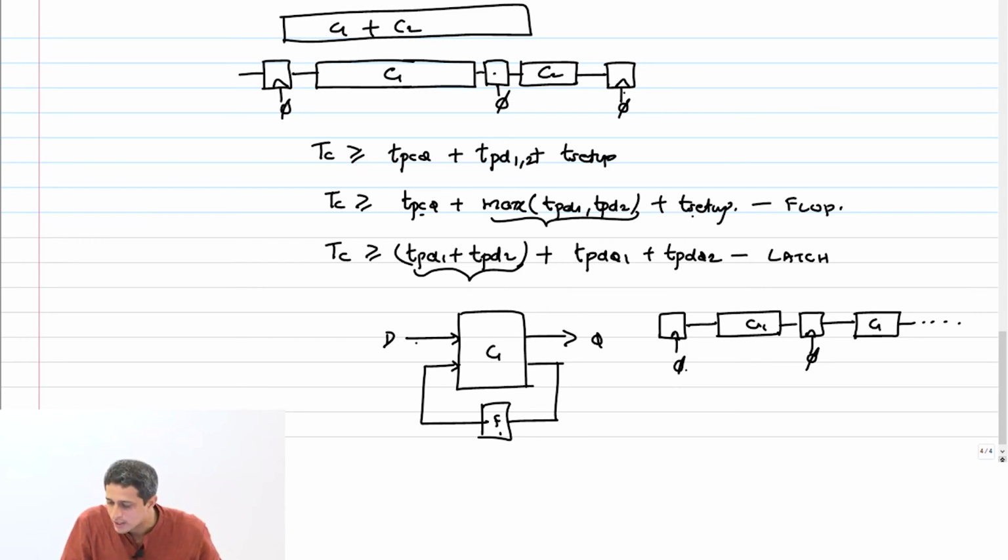This clock is not phi-1, phi-2. It's the same phi. So therefore, there is no skew to be discussed here. And therefore, in general, latch-based systems are skew tolerant. When you have feedback, yes, you cannot borrow across the cycle, but in that case, there is no skew to be spoken about. It's the same flop or the same latch that you're coming back to.